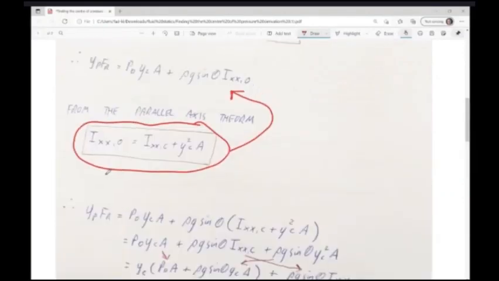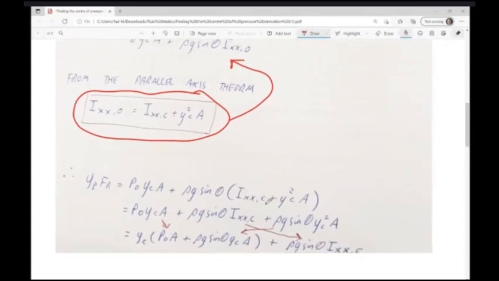So we've now got yp Fr equals P0 yc A plus rho g sine theta, and then instead of writing Ixx around the origin, we've got Ixx around the centroid plus yc squared A. So there's our parallel axis theorem.